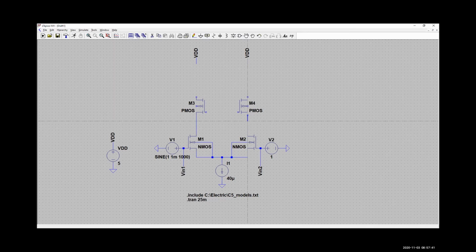Wire back, and let's re-connect them to VDD. I need to tie those two together.